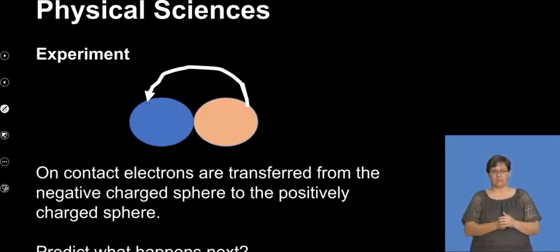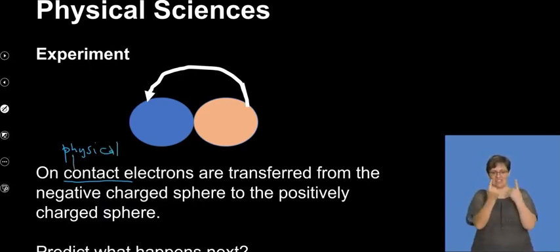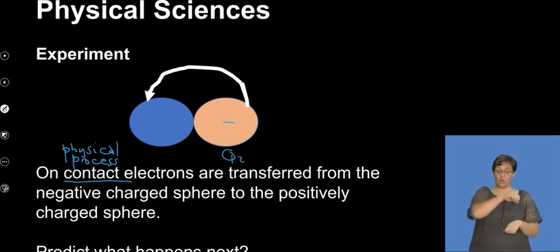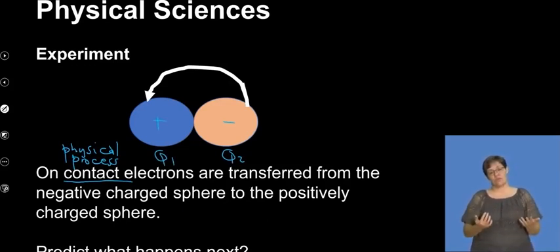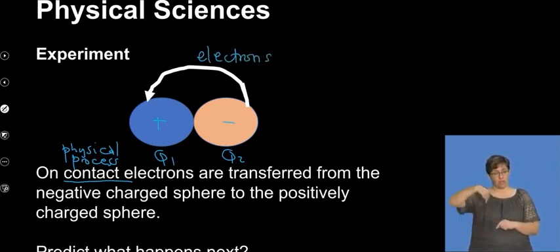And then if we bring them together on contact, this contact is what we would refer to as a physical process. So during contact, remember, Q2 is negatively charged, while Q1 is positively charged. So Q1 is positive. Now, there is a transfer of electrons between these two. These electrons are moved from Q2 to Q1.